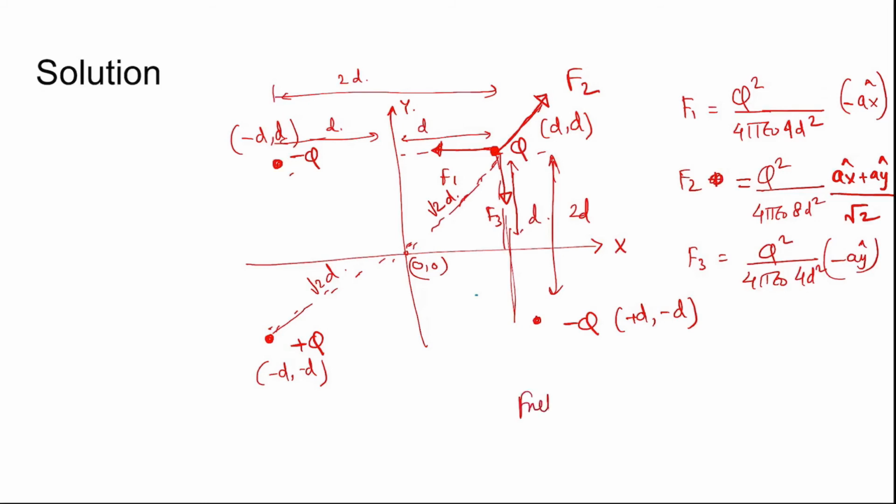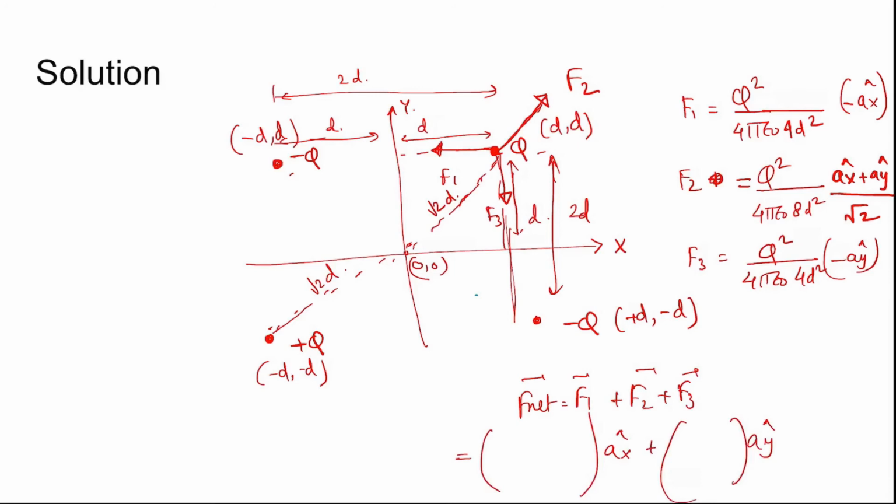Now f net equal to f1 plus vectorially plus f2 plus f3. So it is coming out to be. Now see the ax hat first and then ay hat. So you will have two components, just group them, ax and ay terms.